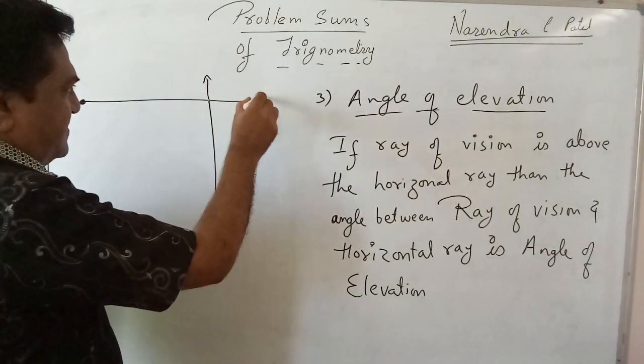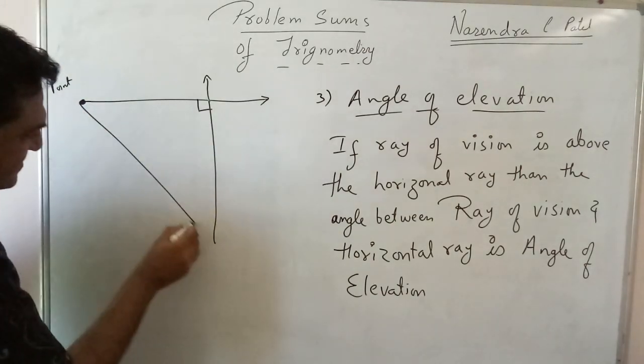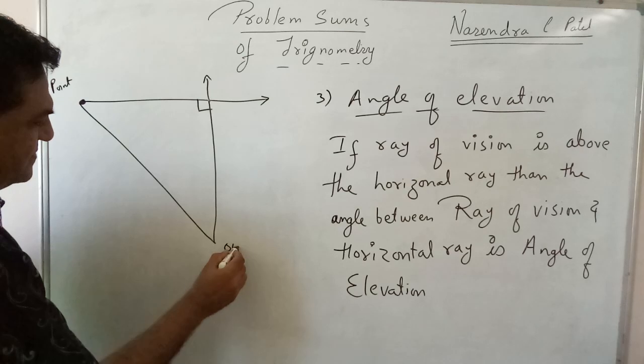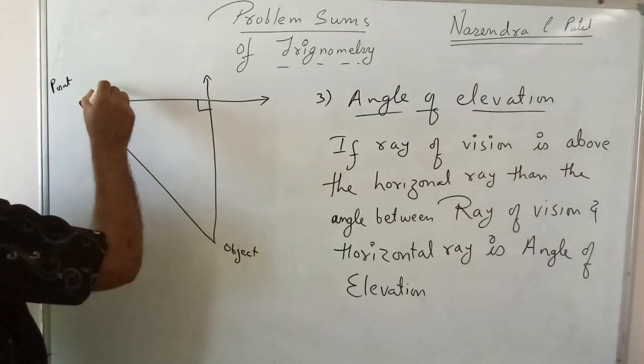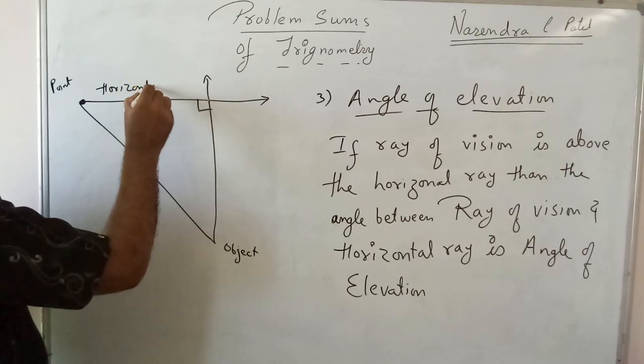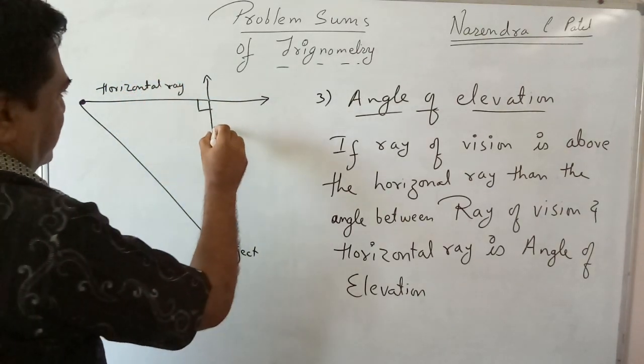The object is here. Here it is 90 degrees. This is the object. This is the horizontal ray. This is the vertical ray.